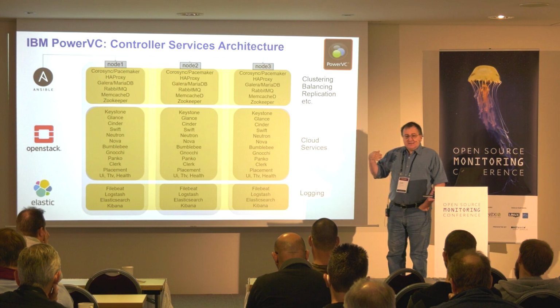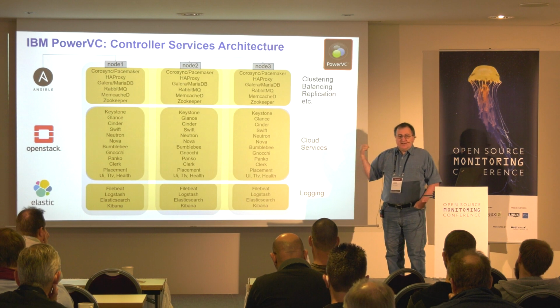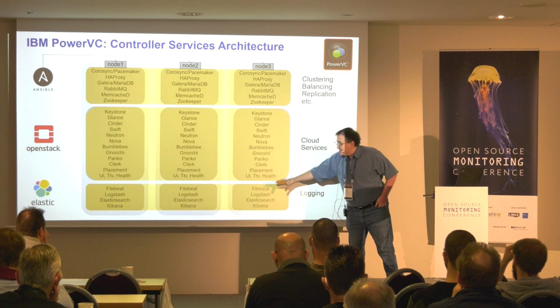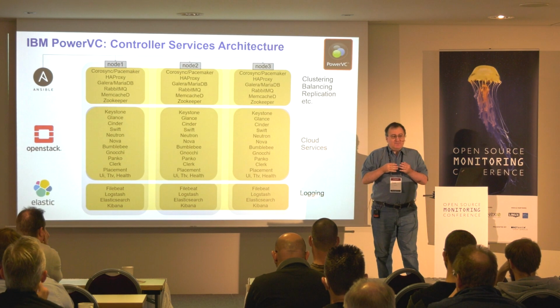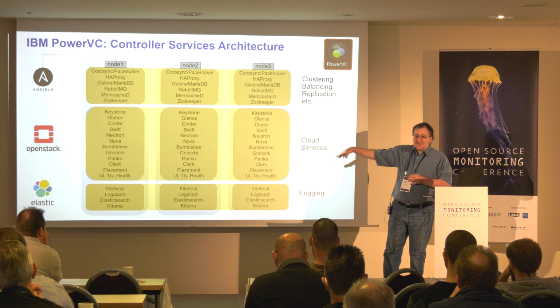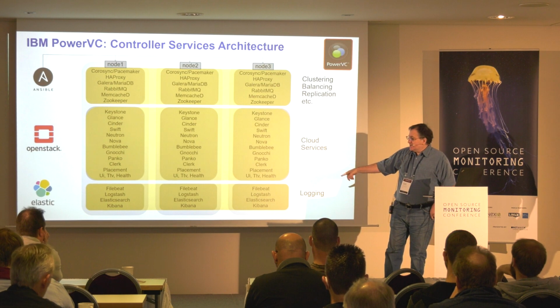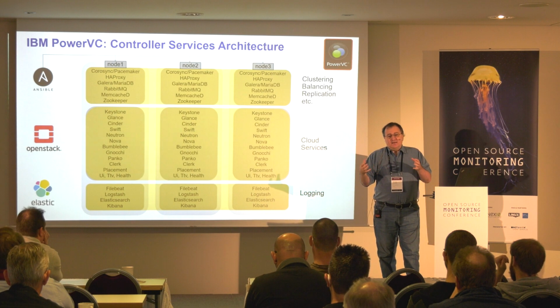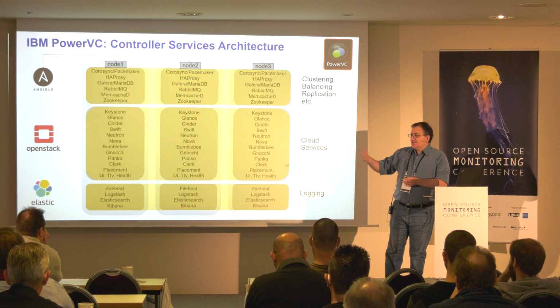As we expand later to collect from the other nodes, we're probably going to break the mapping on the clustering between the OpenStack services and the Elastic services. So we'll probably have a lesser number of Elastic servers to manage.